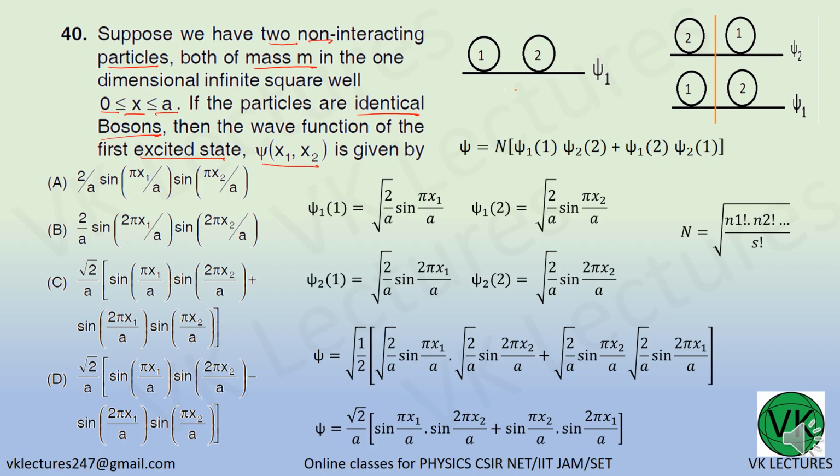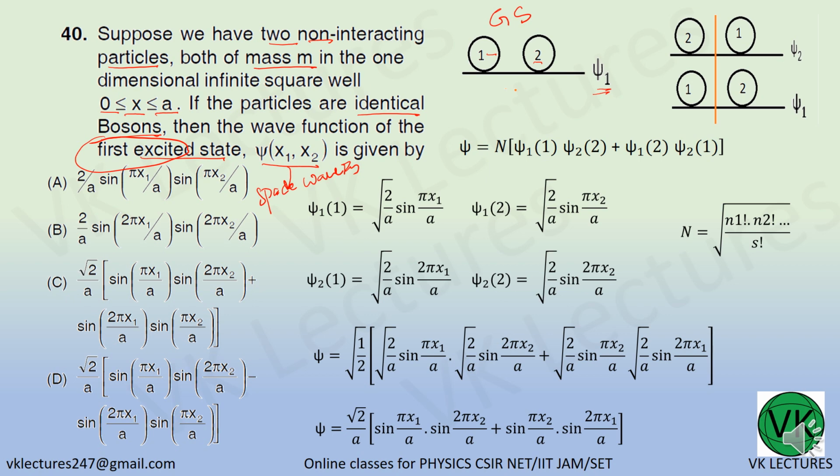They are asking about the space wave function. Now the ground state means both particle 1 and 2 are in state 1. But the question is about the first excited state.